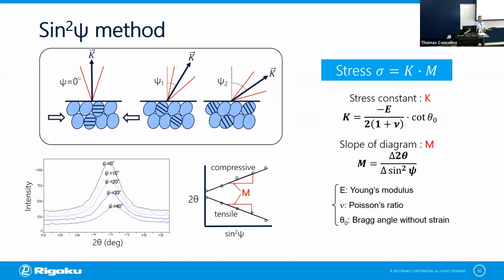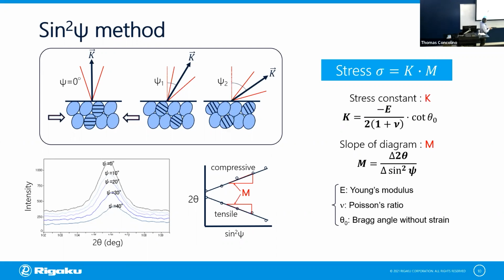So then residual stress. I don't think I need to go into great detail because this has been discussed in this symposium. But we simply apply the sin-squared psi method to measure the residual stress in this example.